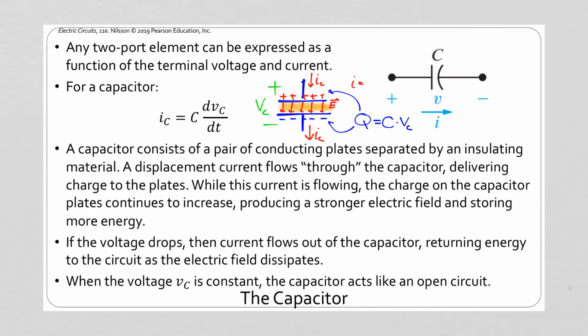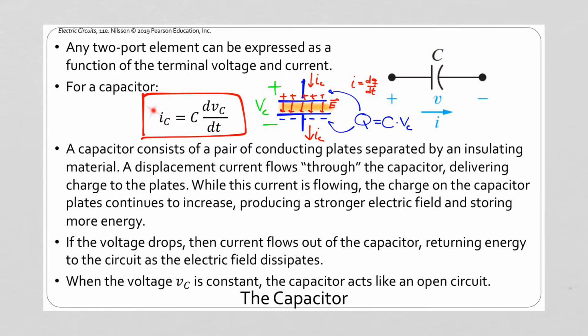The current is the rate of change of charge, how fast charge is passing through, and so if we combine the relationship between charge and current and the relationship between charge and voltage, we end up with this relationship here for our two-terminal element. We have a relationship between the current and voltage for a capacitor.